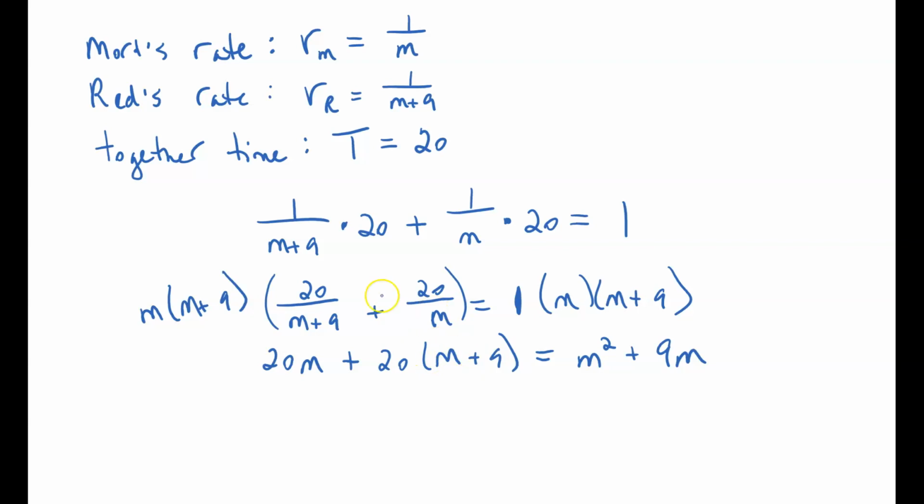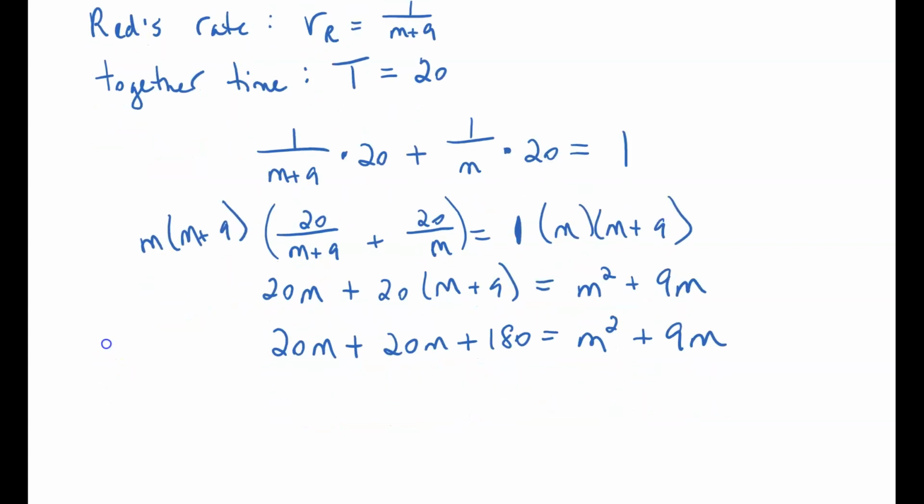All right, I need to get this one out of the parentheses there. So 20m plus 20m plus 180 equals m squared plus 9m. And what would we need to do from here? Combine all our like terms.